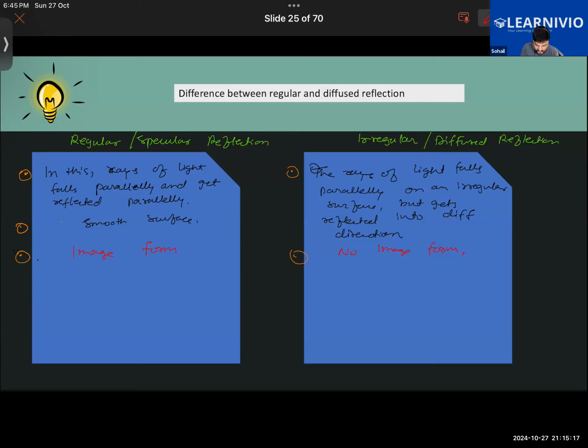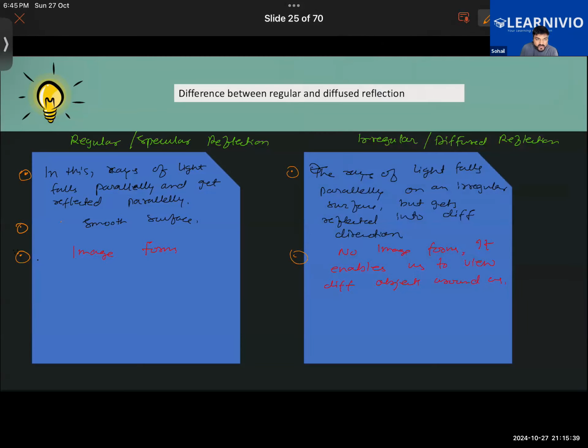Hope the text is visible properly. Is the red one on blue clearly visible or not? Visible, sir. Okay. So it enables us to view different objects around us.